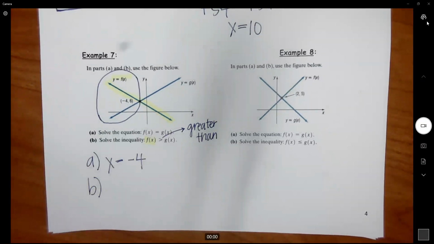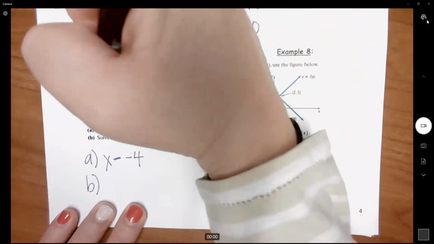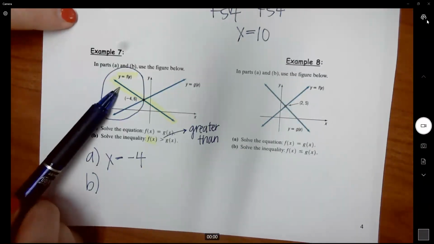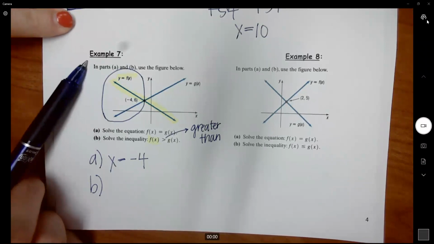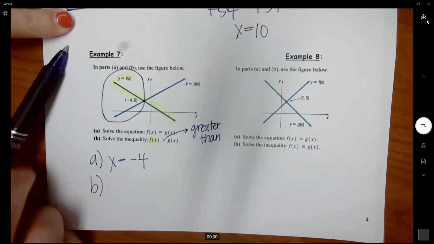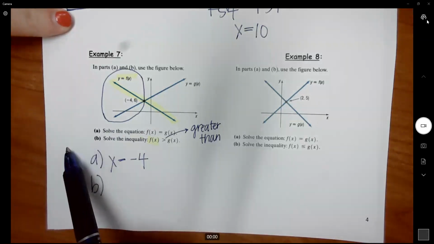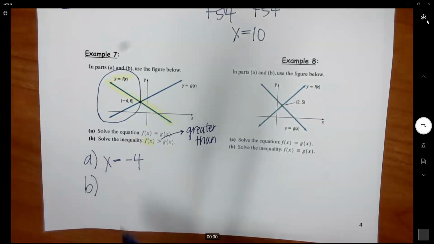I can't list all these numbers because there's an infinite amount, so we're going to use interval notation. This line is forever going to go up right here, and so it's forever going to be greater than my g of x. That's going to go forever down this way.